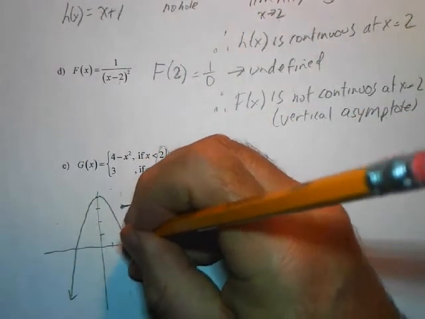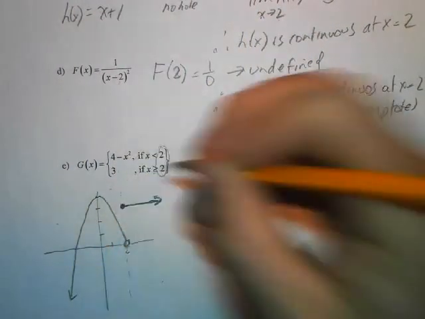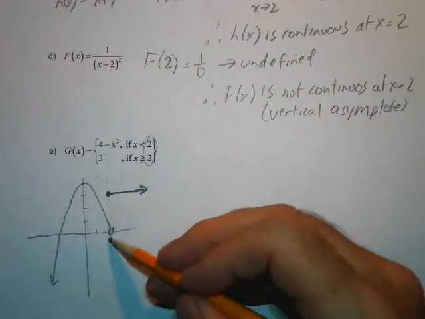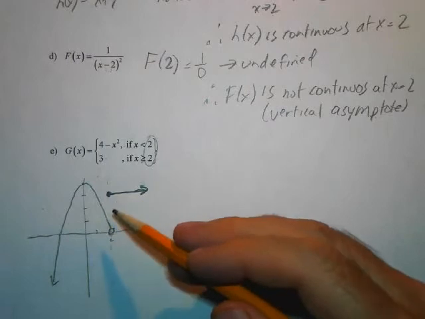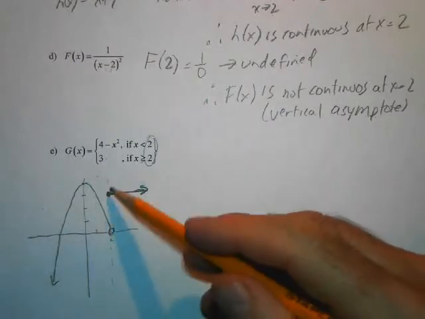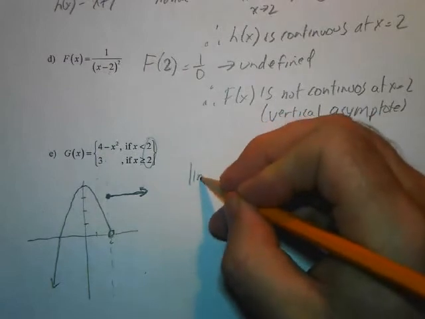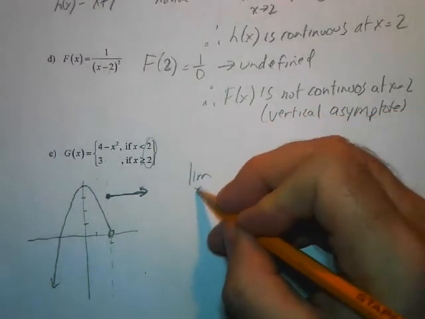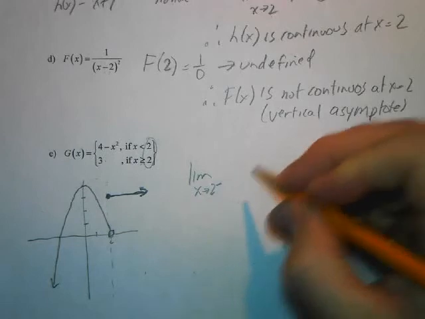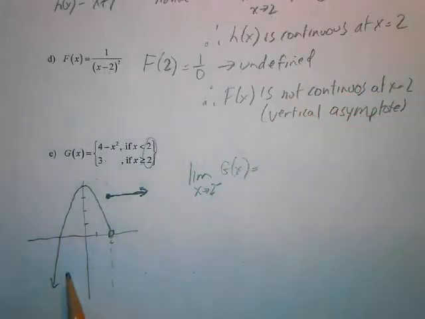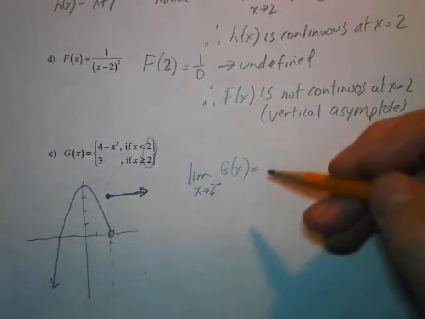Open circle here, closed circle here, and you can see right away that at x equals 2, the limit of g of x does not exist. So looking at the two sides, the limit as x approaches 2 from the negative side of g of x, from the left side, the actual value is 0.